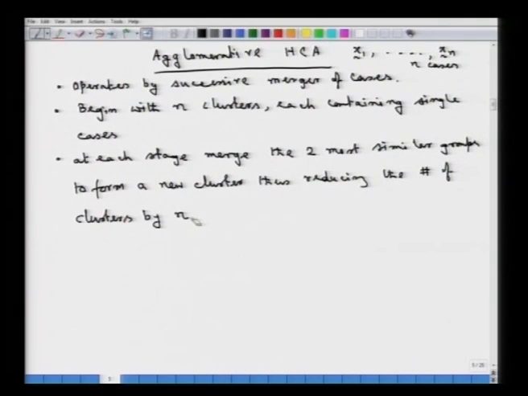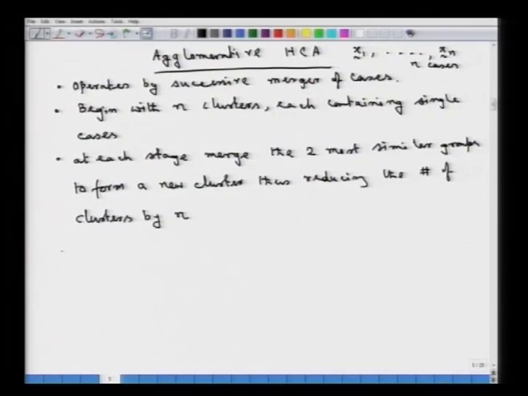This I need not write because I have already explained that the two most similar groups are merged, and then we will have one cluster being reduced from these n clusters, and thus we will have n minus 1 clusters at that point.